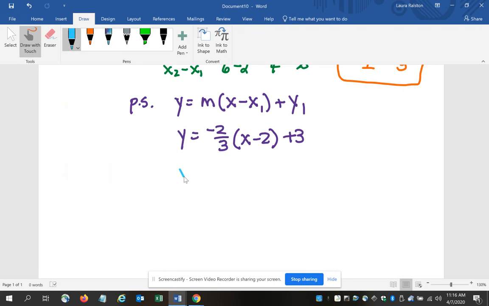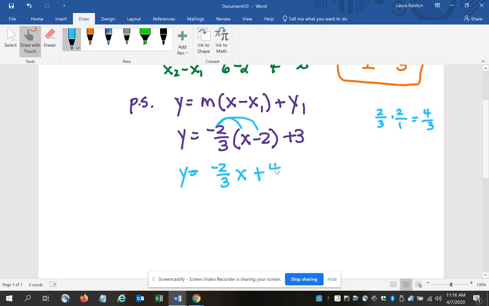So distributing the slope, negative 2/3 times x, minus 2/3 times minus 2; a negative times a negative is a positive. 2/3 times 2 is 4/3.